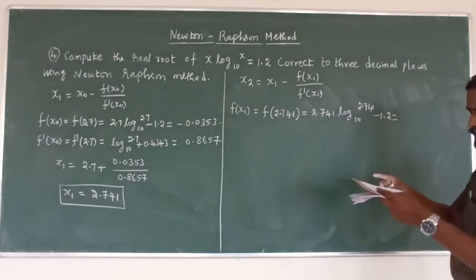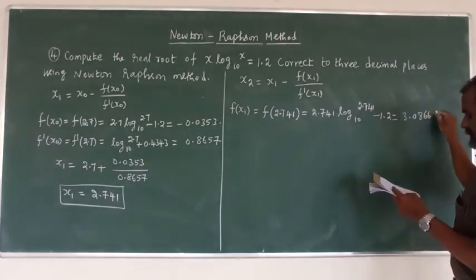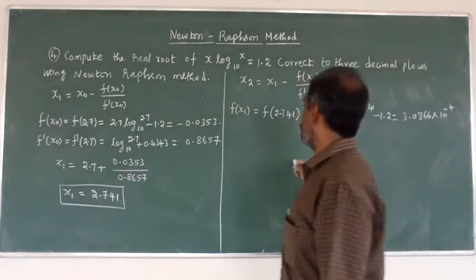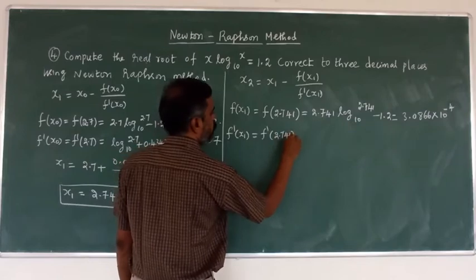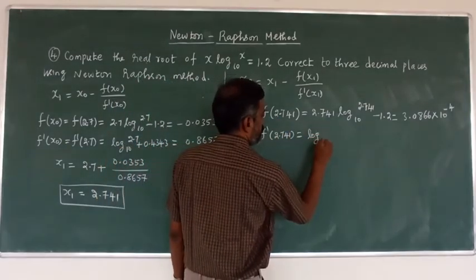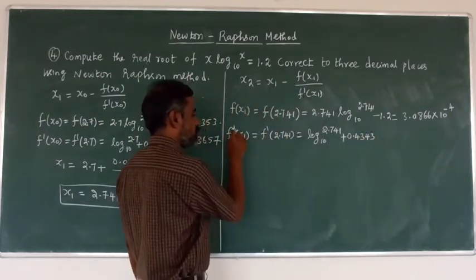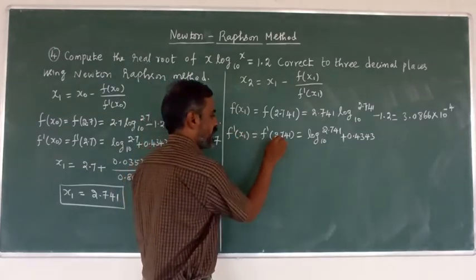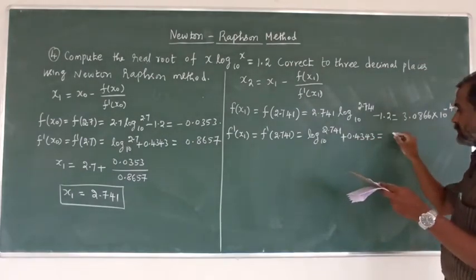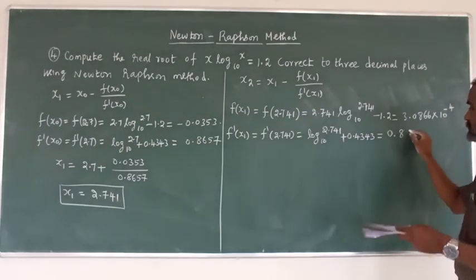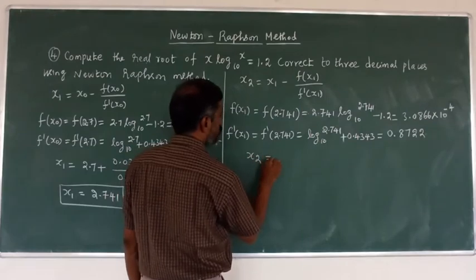Now simplify, we get the result 3.0866 × 10⁻⁴. Next, find f'(x₁), x₁ value 2.741: log₁₀ 2.741 plus 0.4343. Now simplify, 0.8722.